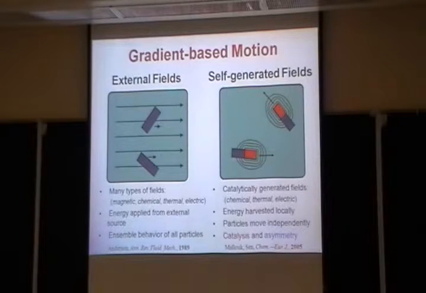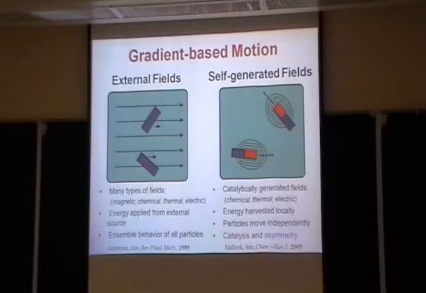If you have magnetic particles, if you apply a magnetic field, you can move the whole thing. That's not what we're trying to do. We are trying to power individual objects so that they will move on their own, just like the biological examples that you saw earlier on. That's what we want to try and do. Have them each move on their own.